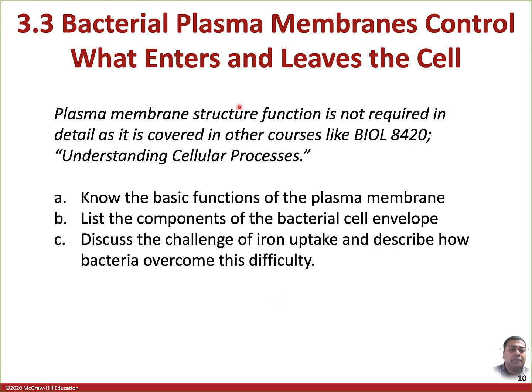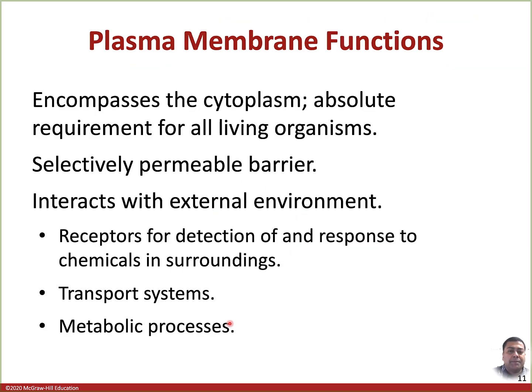So the first part is the bacterial plasma membrane, which controls what enters and leaves the cell. Now, we are not going to talk about the plasma membrane in detail because we have covered that in Biology 8420. So we'll just briefly mention a couple of things about the plasma membrane. By definition, it encompasses the cytoplasm, an absolute requirement of a living organism, and it is a selectively permeable barrier. It can decide what it will allow to pass through and what it will not.